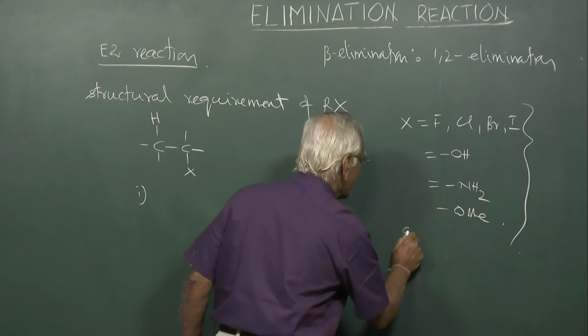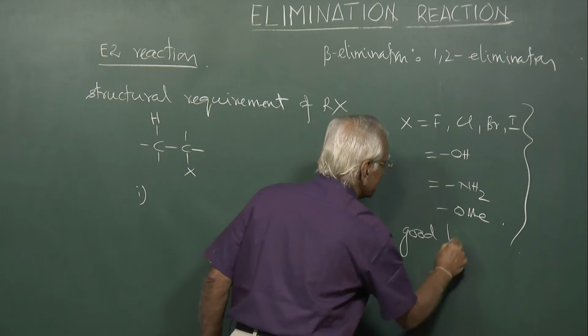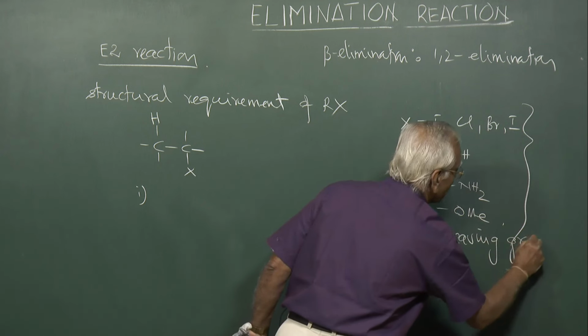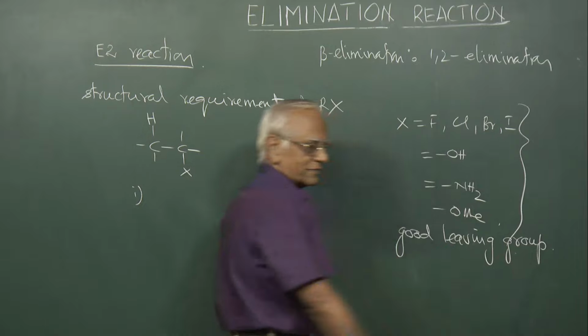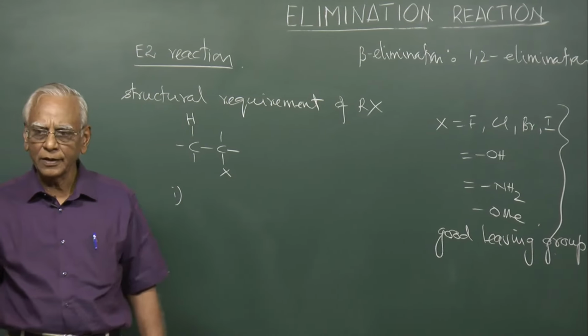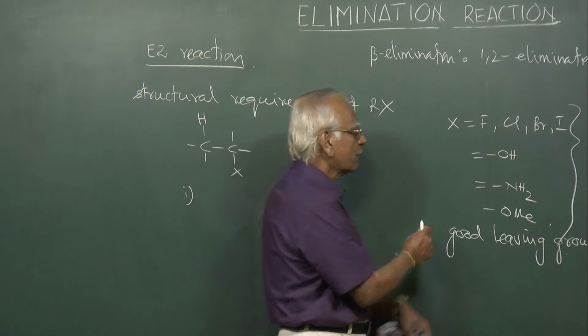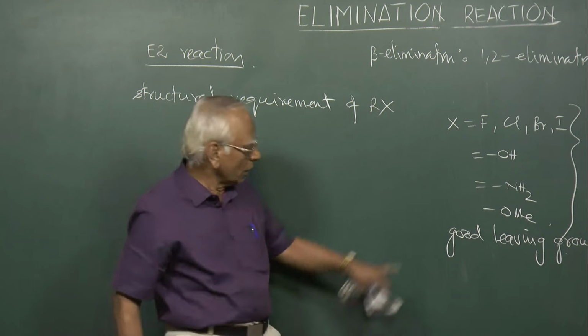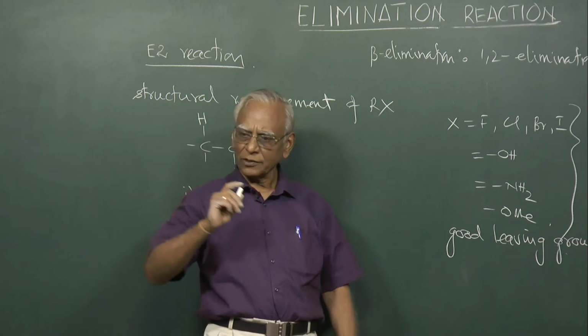It should have a good leaving group. Another important condition, good leaving group, which I have not mentioned in the previous class. Of course, the reaction has to be done in acid medium. All these reactions are to be done in acid medium. That could be another condition.